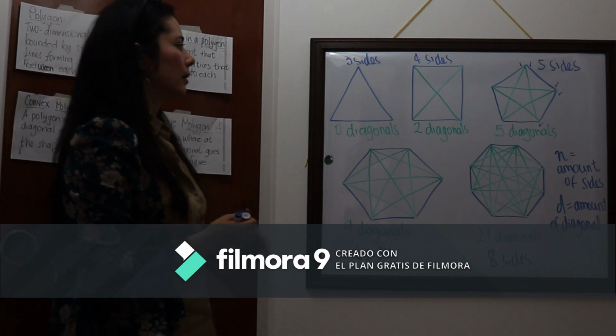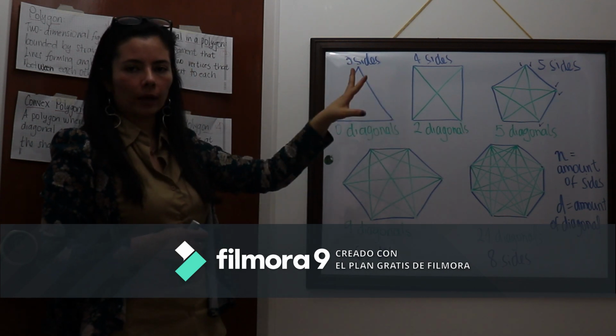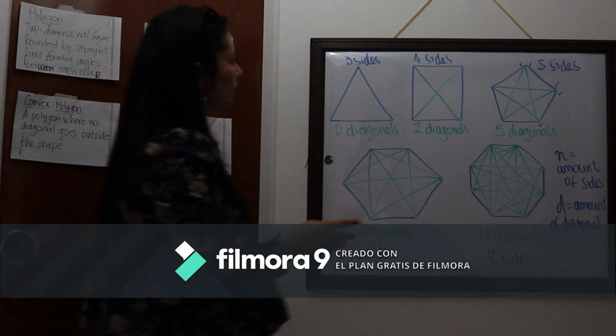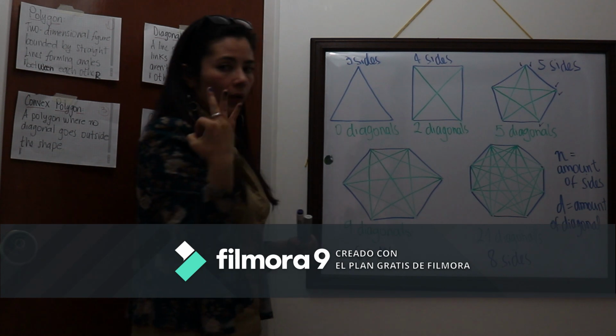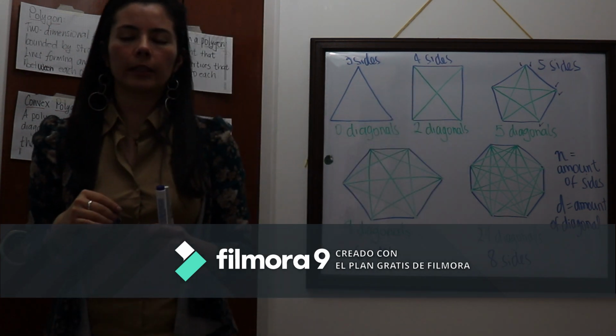Well, think about this. We know subtracting 3 has to be somewhere, right? If I take the amount of sides and I subtract 3 from it, I'm going to get the amount of diagonals, right?